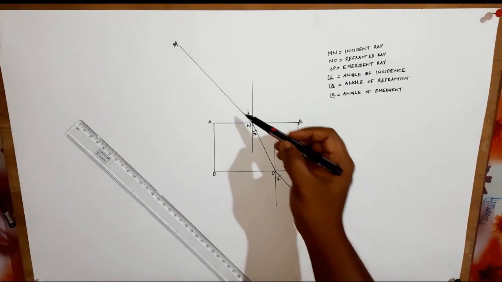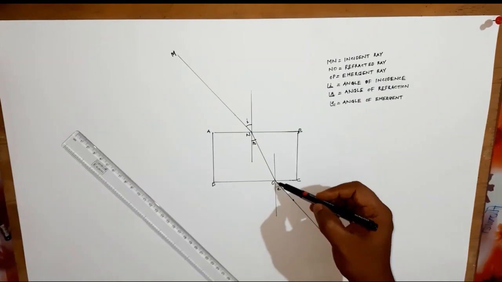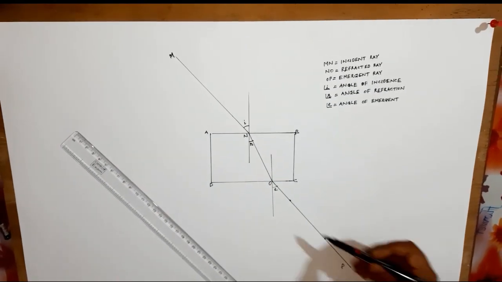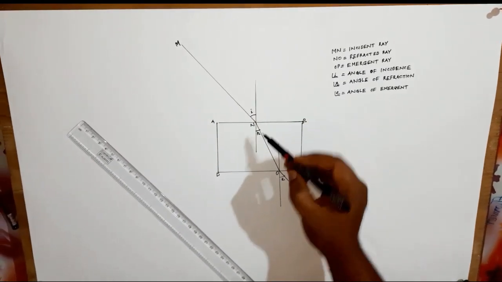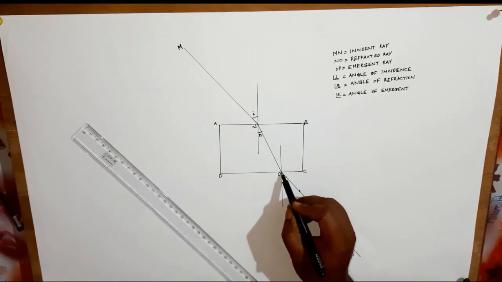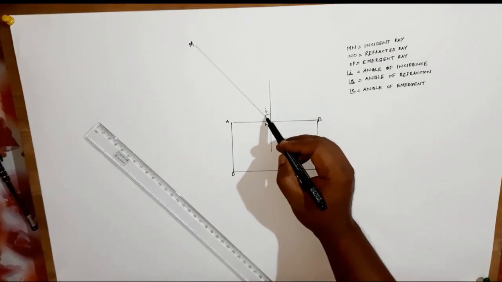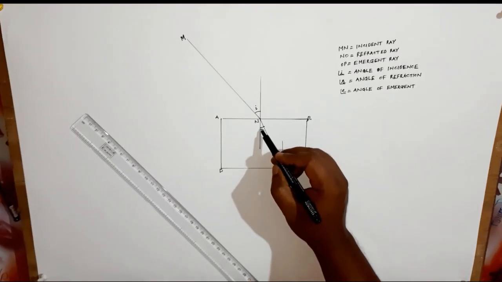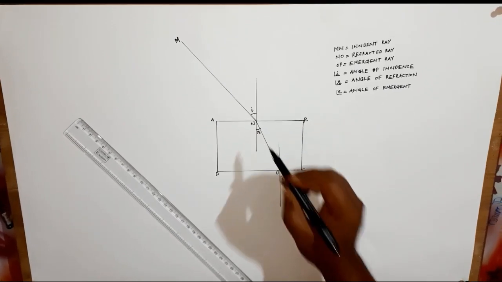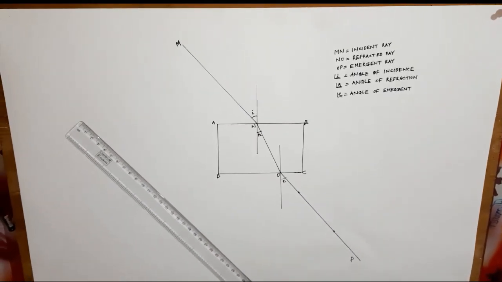So you got, this is the incident ray, this is the refracted ray, this one is the emergent ray, and this is the normal, and this point is called the point of incidence. This is also a point of incidence, and this angle is called the angle of incidence, this angle is called the angle of refraction, and this angle is called the angle of emergence.